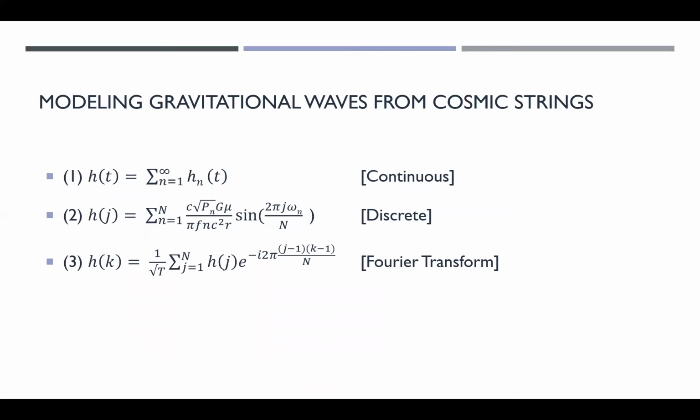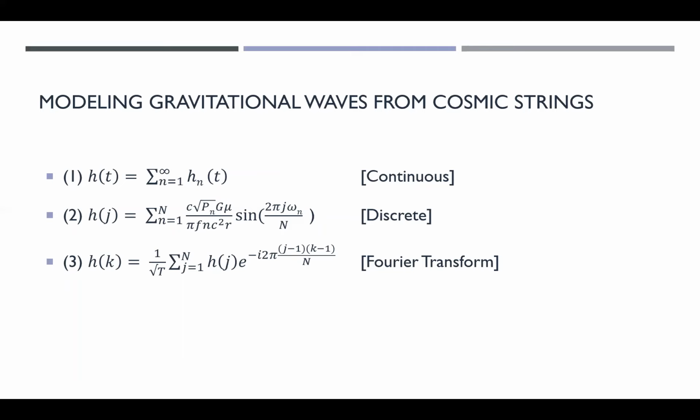For example, LISA would have an approximate sampling rate of 10 Hertz and an integration time of 1 to 3 years. Using h of j, we generate data points in the time domain that can be input into the discrete time Fourier transform. The discrete Fourier transform, equation 3, then uses the time domain signal data points and breaks the signal down into its constituent frequencies and associated power amplitudes.